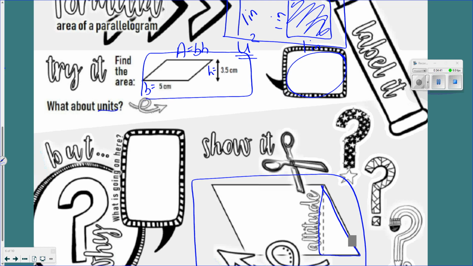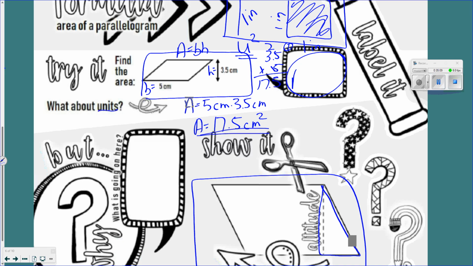Height is 3 5/10 centimeters. And now I just do the math. 3.5 times 5. You have to have 1 decimal. 25, 15, 17, but 1 decimal. So my area is 17 5/10 centimeters squared. Anyone once again, I put it in the wrong formula.